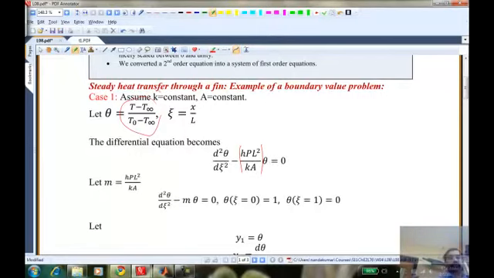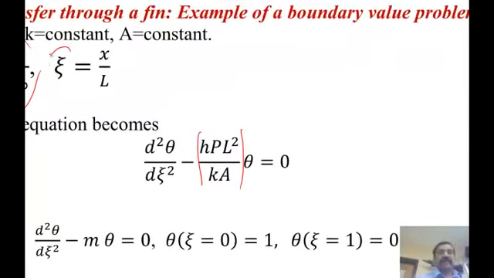Theta has no units. Similarly, psi is a dimensionless distance, and it has no units, because x is the distance, has the units of meters or feet, and L is the same thing, distance measured in terms of that. So the nice thing about this definition is theta will always go between 0 and 1, and psi will always go between 0 and 1. So you have a very nicely scaled problem.